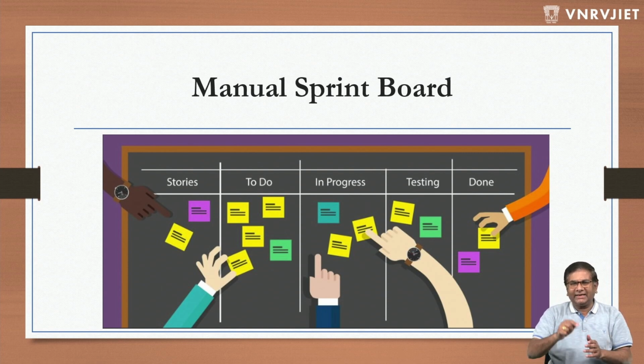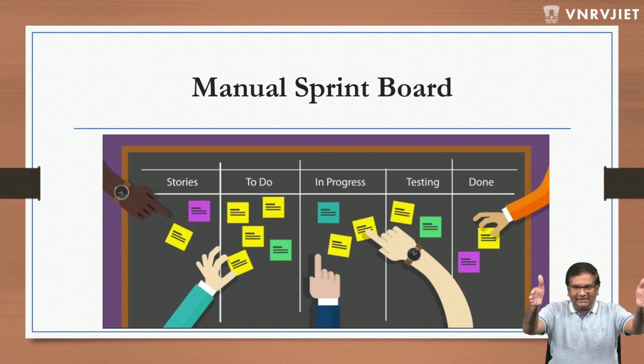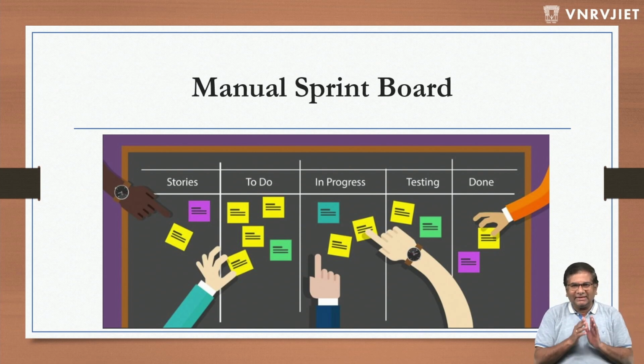Once everything is done, the tester will put it in the done column. So the developer, QA, security team, everybody gets to see the board because it is on a big wall, and everybody can go and change it. Well, not everybody, but only the team members that handle that board, right? So this is the manual way of working within a sprint.